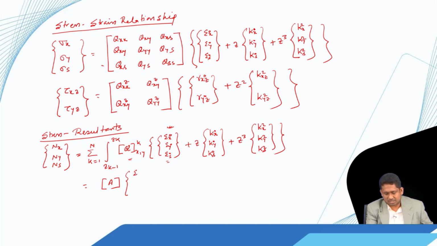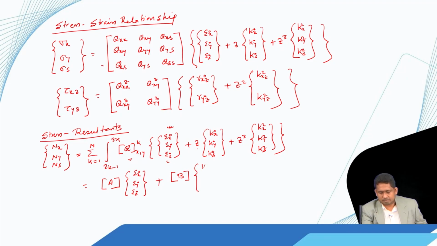So, it becomes A matrix multiplied by this, and then we have Q multiplied by z, and Q multiplied by z on being integrated and summed up gives us a matrix called B, and B gets multiplied with kappa x 0, kappa y 0 and kappa s 0, and then we have z cube into Q integrated and summed up, and that gives us a new matrix which we can call E. So, E multiplied by kappa x 2, kappa y 2 and kappa s 2.